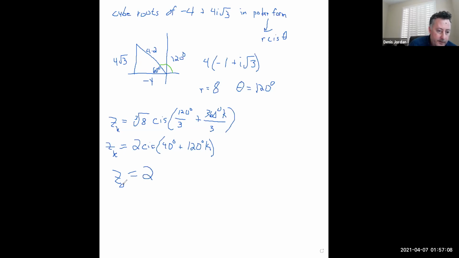Your first answer, that's why they call it z sub 0, is when k is equal to 0, you're plugging in 0 for k. So if k is 0, that's just going to be 2 CIS of what? 40.